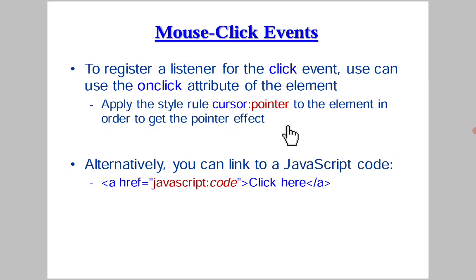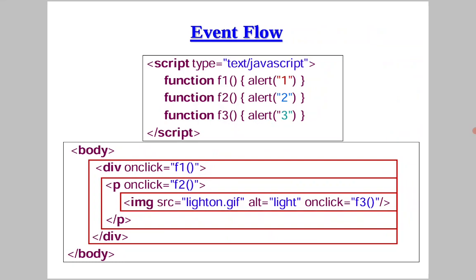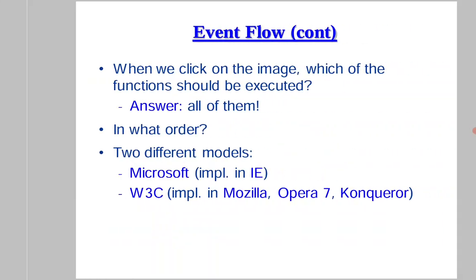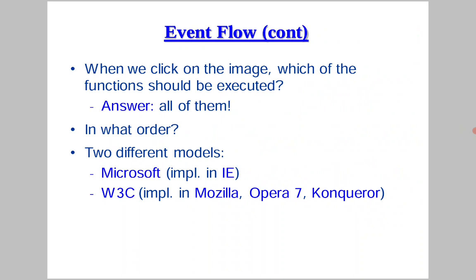To register a listener for the click event, you can use the onclick attribute of the element, apply the style rule, and alternatively you can link to JavaScript code. So event flows. What is event flow? When we click on the image, which of the functions should be executed?